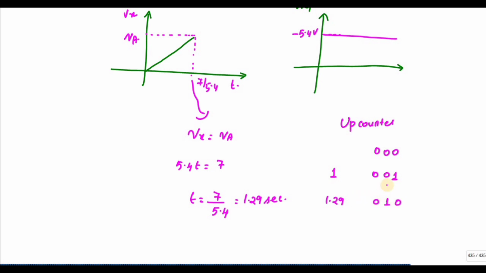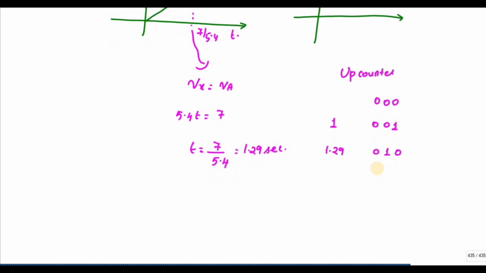So what is my output? For 7 volt, the corresponding digital value is 0, 1, 0.